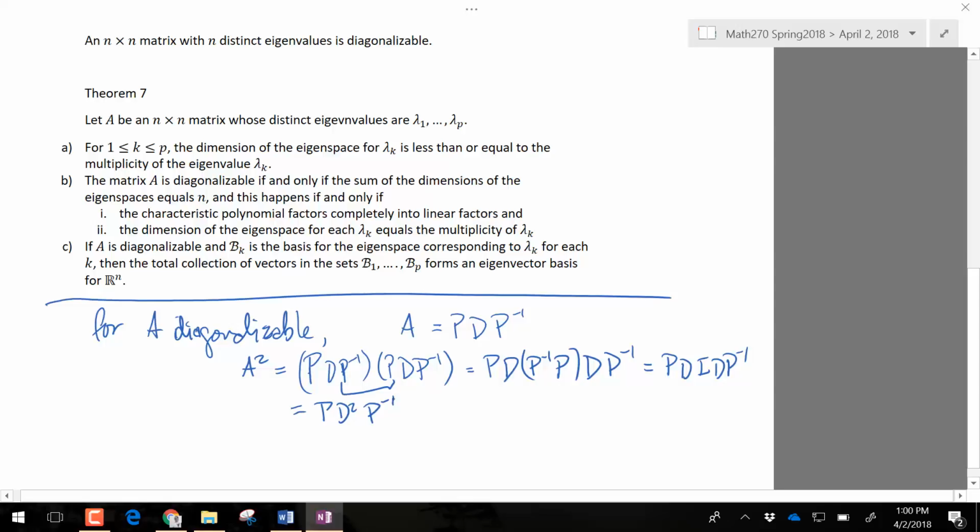Okay? And I don't know if you noticed, but when you square a diagonal matrix, it's really just squaring its diagonals. So in other words, if I have 3, 0, 0, 5, and I square that, that's 3, 0, 0, 5 times 3, 0, 0, 5.